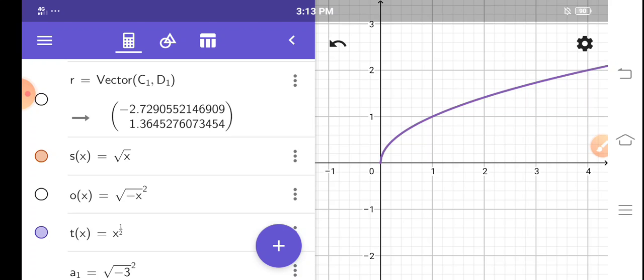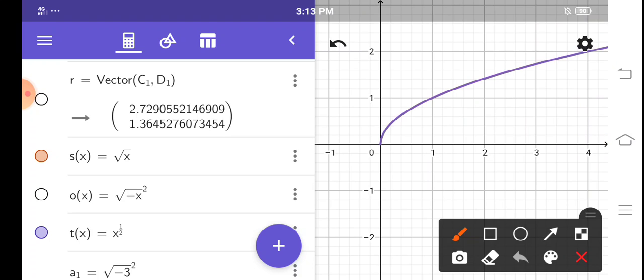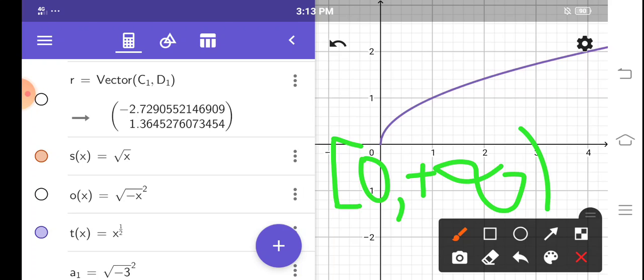So if we're going to recall the things that we learned about the domain and the range, the domain of this function is from 0 to positive infinity. So this is our domain. And our range, okay, from 0 to positive infinity also.